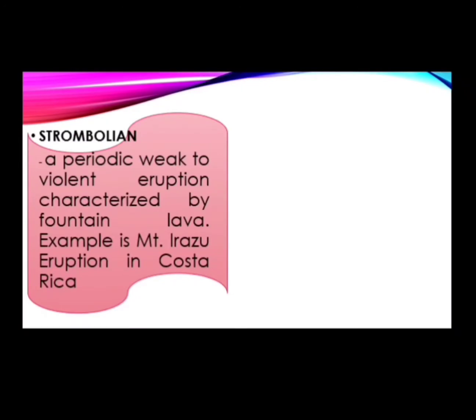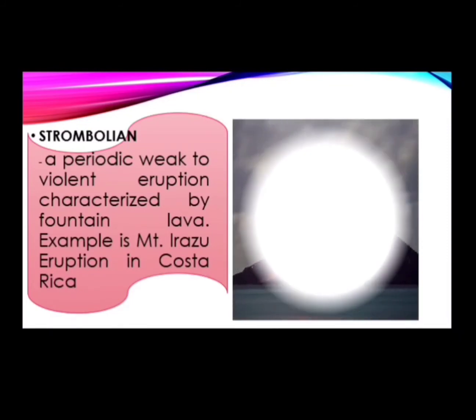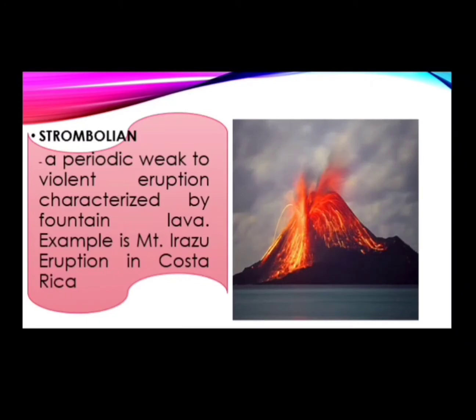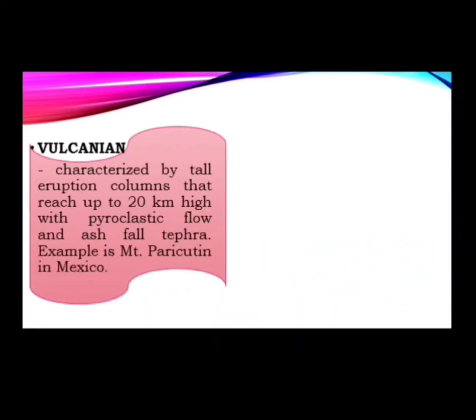The third type is strombolian. It is a periodic weak to violent eruption characterized by fountains of lava. And volcanian, characterized by tall eruption columns that reach up to 20 km high with pyroclastic flow and ash fall tephra.